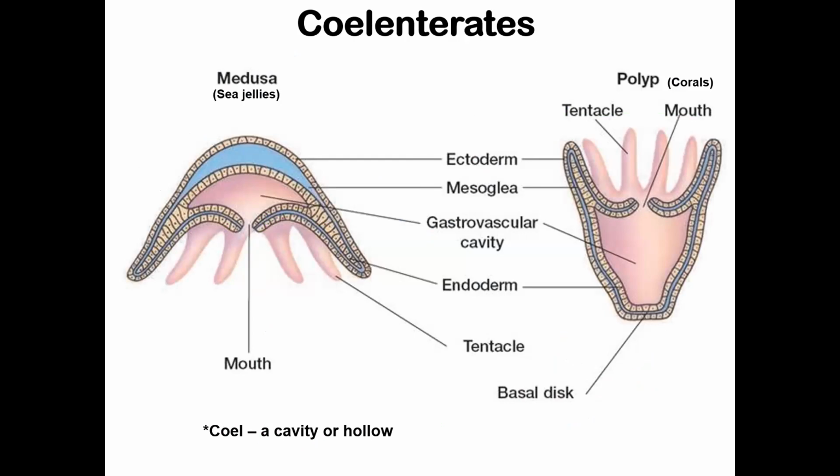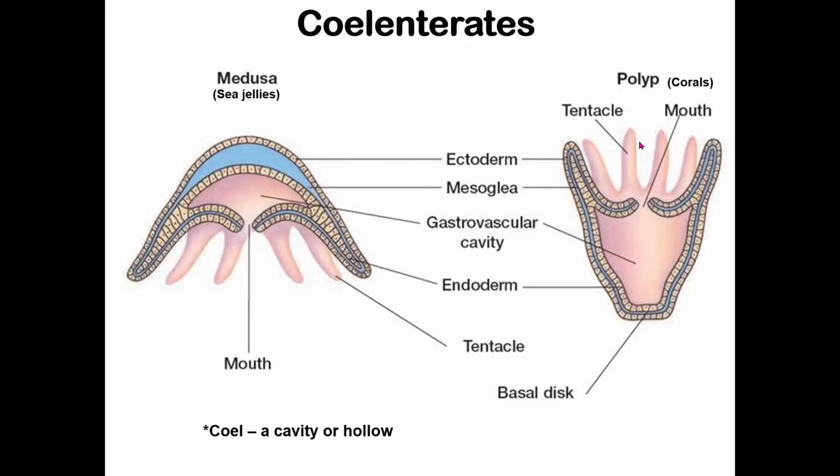They're called now sea jellies, by the way, rather than jellyfish. And so they ingest food, it's broken down inside there, and then the leftovers are released. Whereas things like polyps, like coral, they also have tentacles, like the sea jellies.